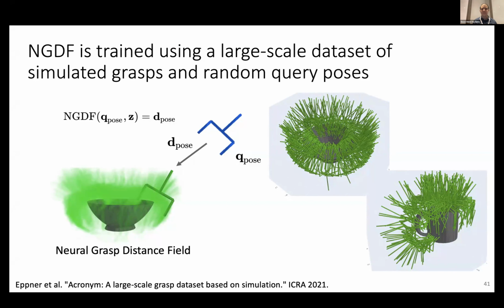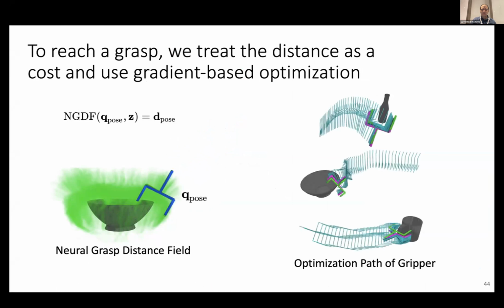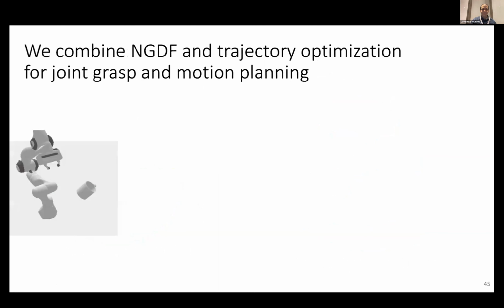We have to relabel all of the ACRONYM grasps, but in the end, we get a set of labeled grasps of which ones are good and which ones are bad. And then we can use that to train this function, which we can use to optimize the gripper from some initial location to the target location, which is ideally one of the good grasp poses.